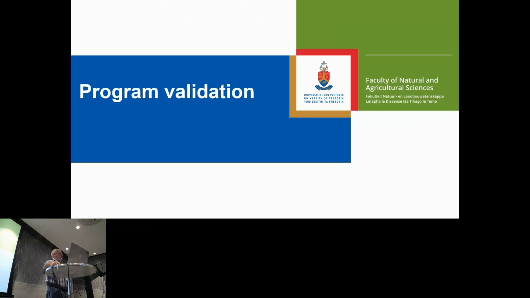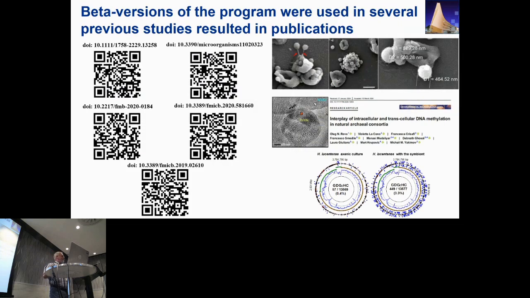Program validation. Actually, I worked on this program a long time ago, then students came to work on it, so it's already version 3, and some intermediate variants were tested in many projects, and there are some publications, 5 publications, where this program was validated. One latest publication is about interaction between an archaeon and its symbiont.